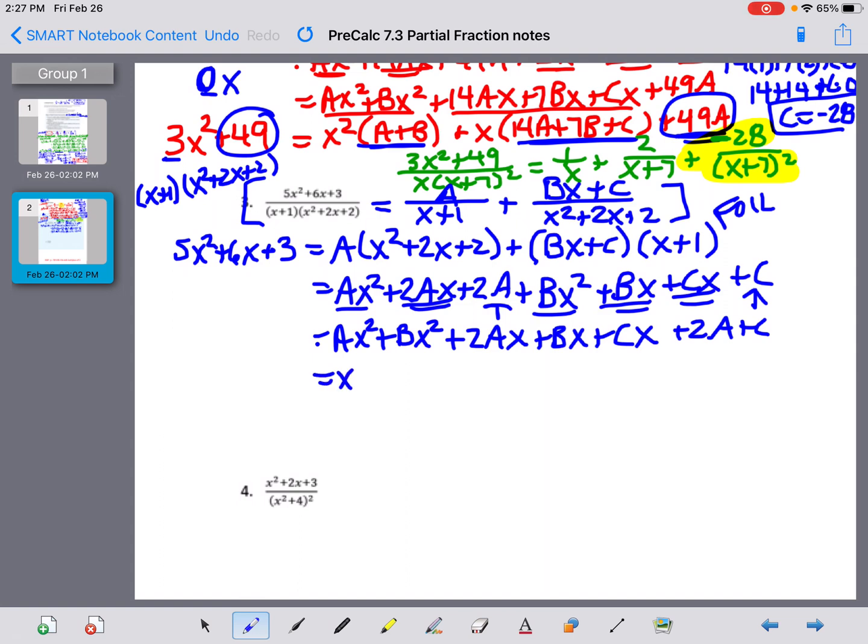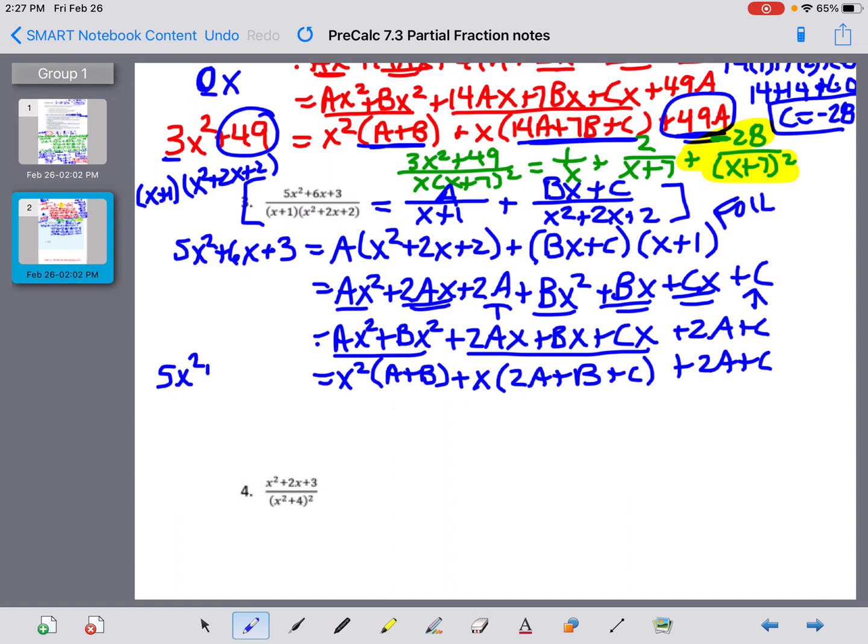So in the first two, I'm going to factor out the x squared and be left with a plus b. All right. The next 3 all have an x. So I'm going to factor off the x and be left with 2a plus b plus c. And then finally, I have the 2a plus c at the end that are my constants. All right, I'm ready to pair this back up with my 5x squared plus 6x plus 3.